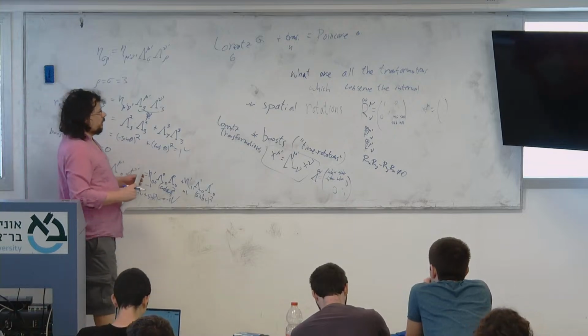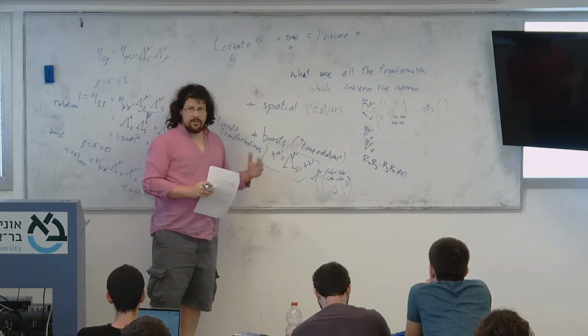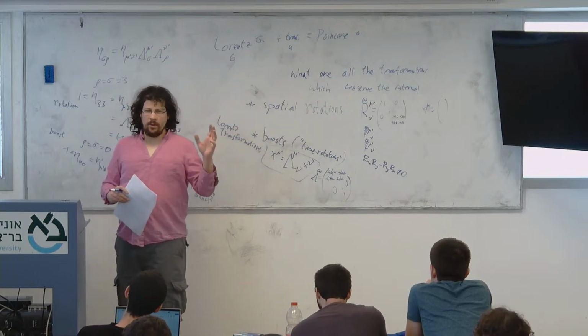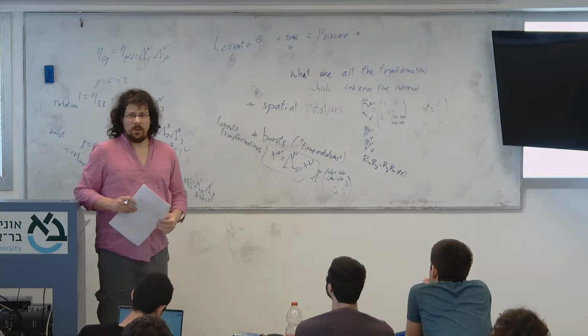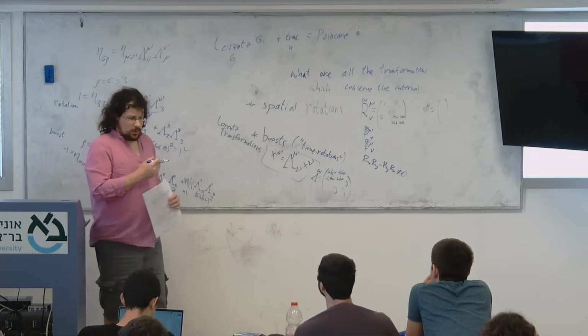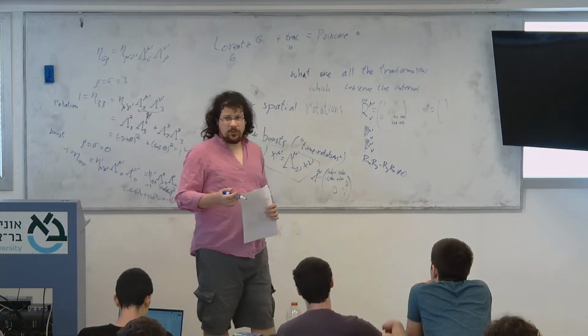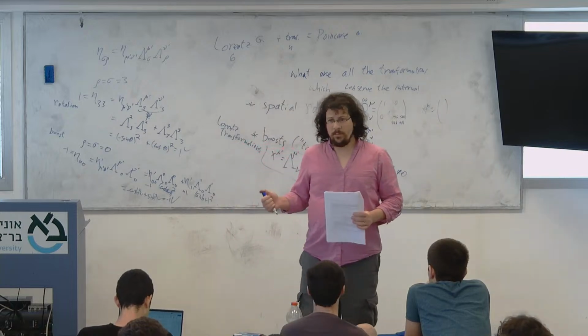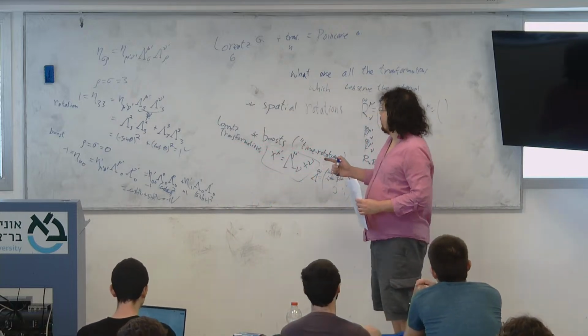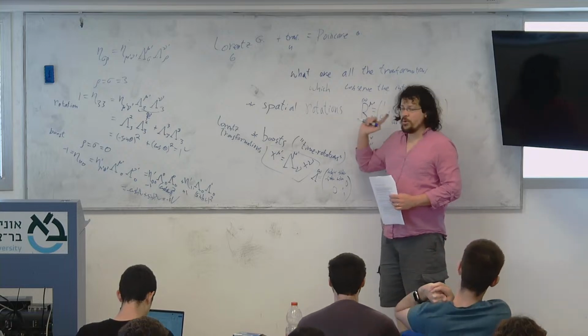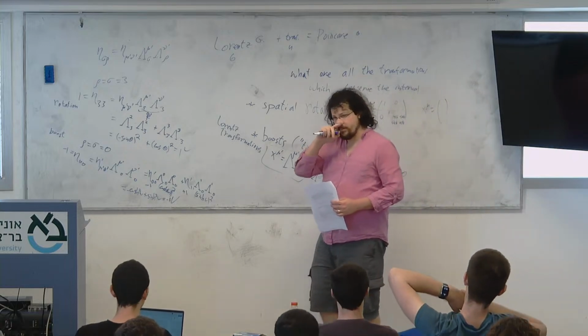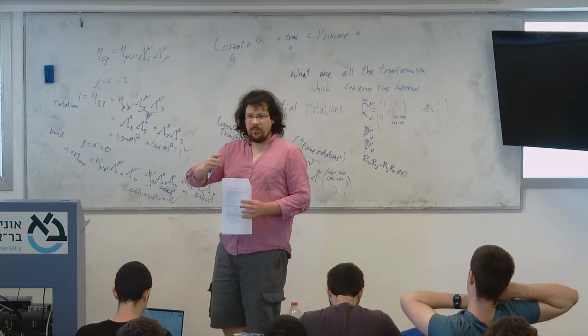There are other transformations one can consider that maintain the interval. They're less interesting to us in this course because they are not continuous or differentiable transformations. For example, I can consider flipping the direction of time. I take an event, I flip t to -t.